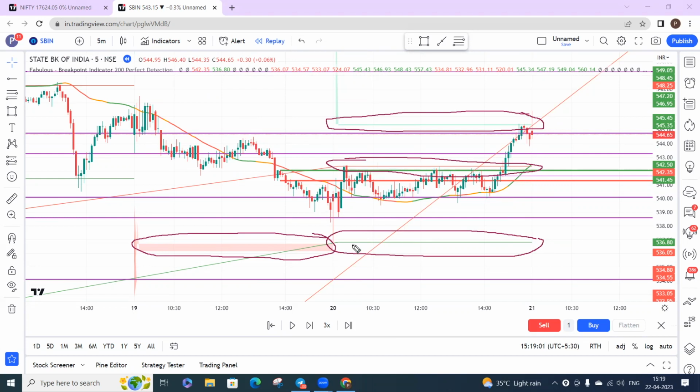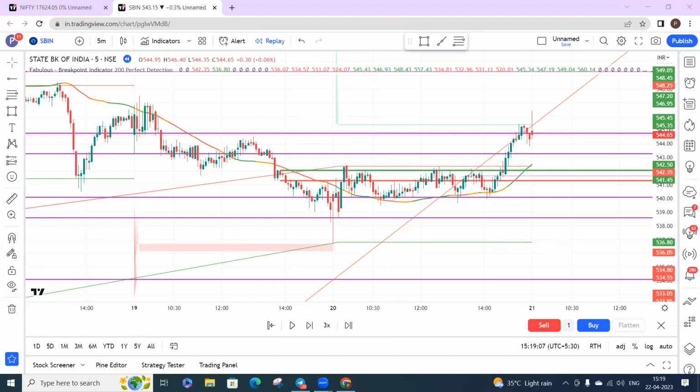I haven't removed it from my fabulous indicator. Why I haven't removed it is that whenever the second candle or third candle high is broken, you get a move like this. In the fabulous indicator, these are the basic things that you need to know: the hidden support resistance will be there only for intraday.